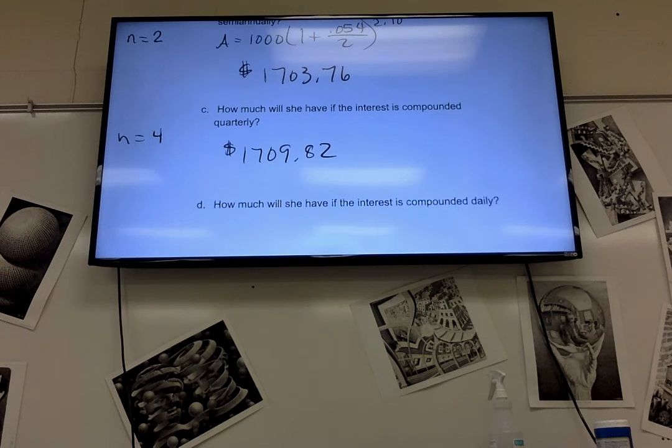Compounded daily, so n is 365. Got $1,715.94.